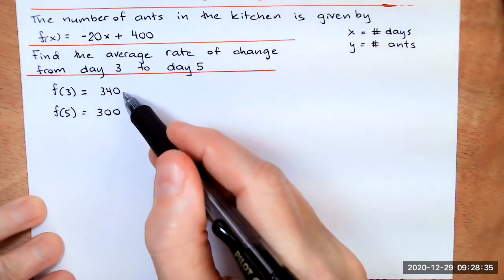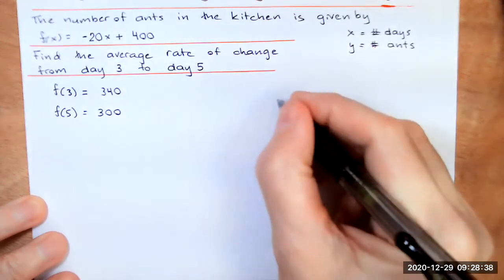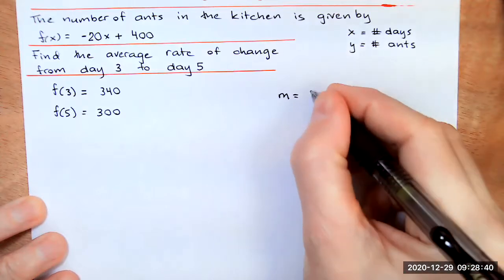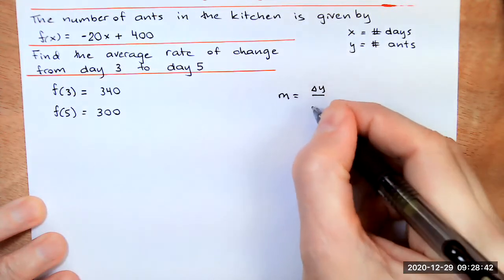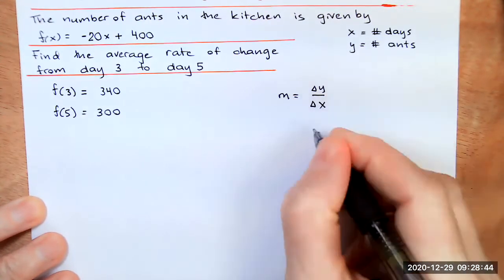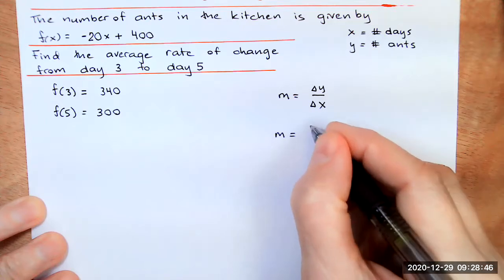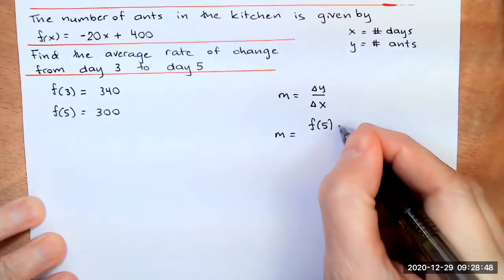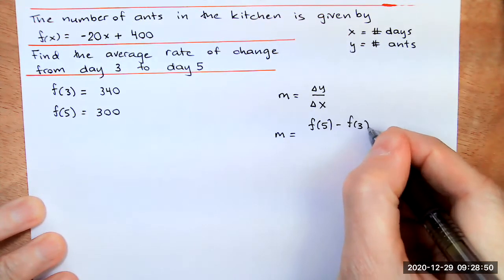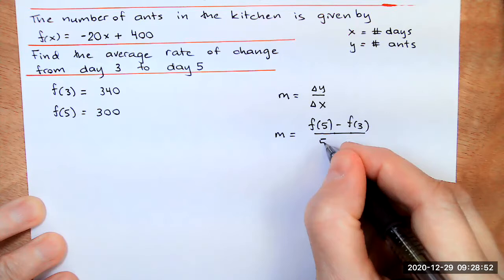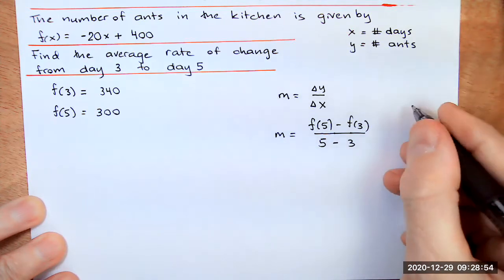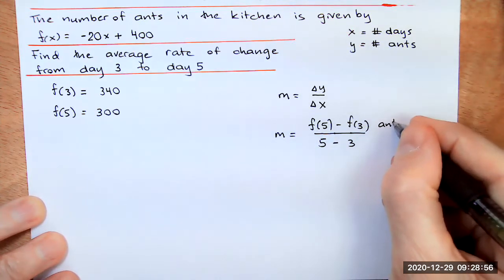All right, so evaluate the function at 3 and at 5, and the average rate of change is the slope of that secant line. So that's just f of 5 minus f of 3 divided by 5 minus 3. Don't forget the units.